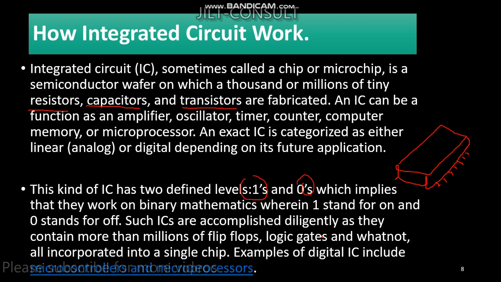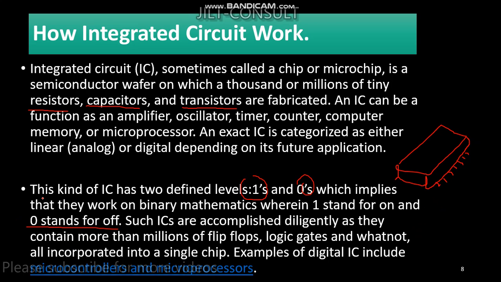When I say flip-flop, it's just like on and off, something that switches itself. So as the logic or the program stored in the IC is able to determine whether this transistor should come on or off, whether the information should pass through or resist, whether it should switch on 1 or 0. And we said earlier that 1 stands for on and 0 stands for what? Off. That's what you are seeing here.